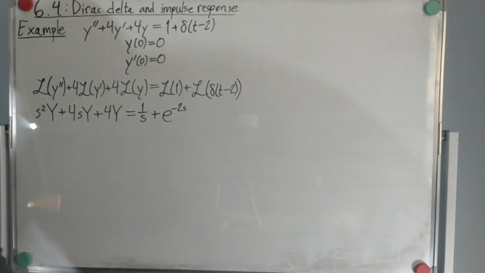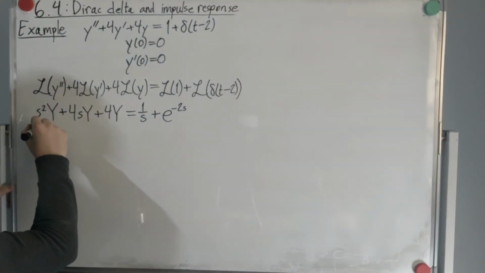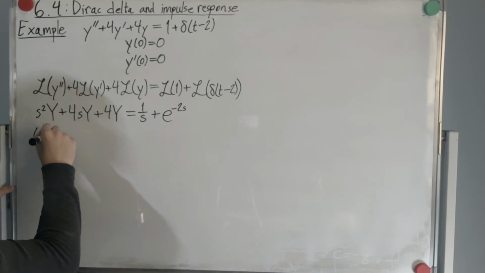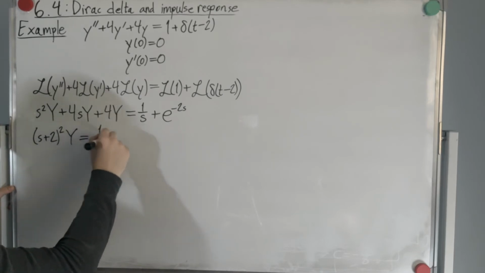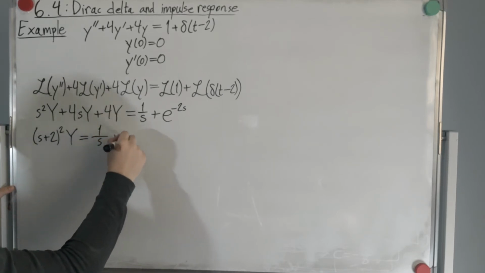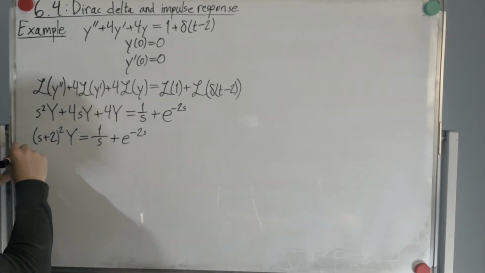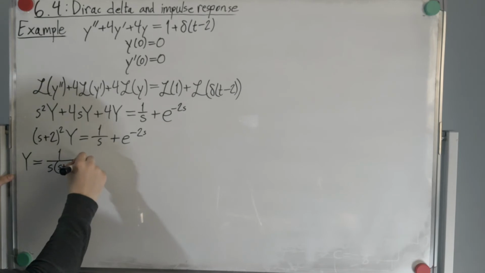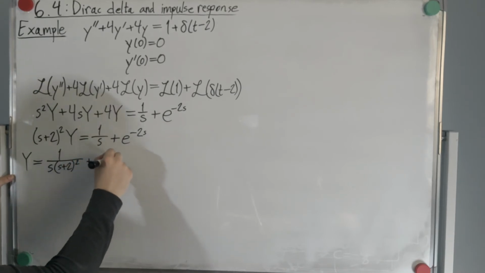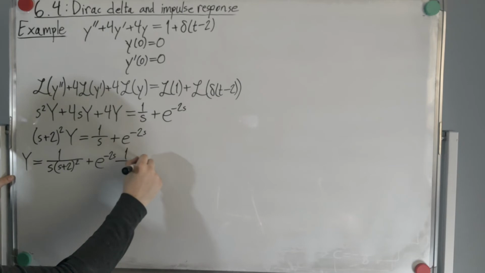Okay. So then this becomes s plus 2 squared times Y equals 1 over s plus e to the negative 2s. And then in that case, Y is equal to 1 over s times s plus 2 squared plus e to the negative 2s times 1 over s plus 2 squared.